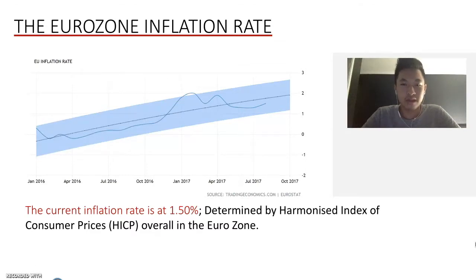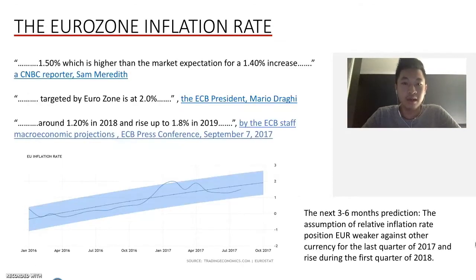And the Eurozone inflation rate is currently at 1.5%, which is higher than the expectation according to a CNBC report. The European Central Bank also targets 2% by the end of 2017.